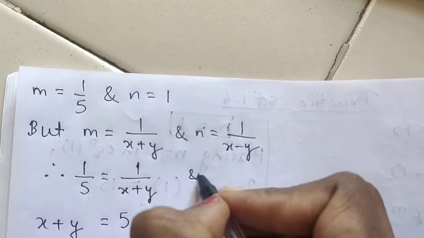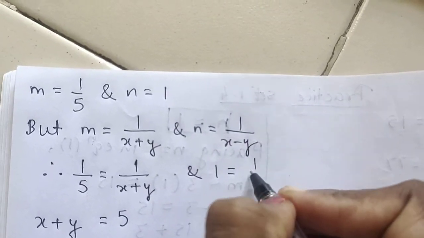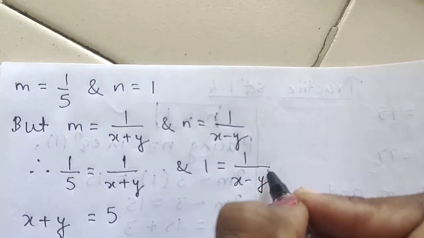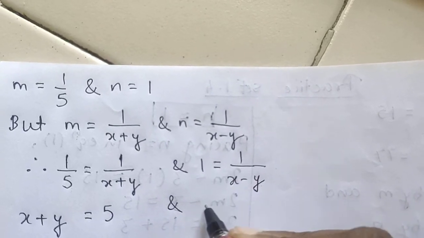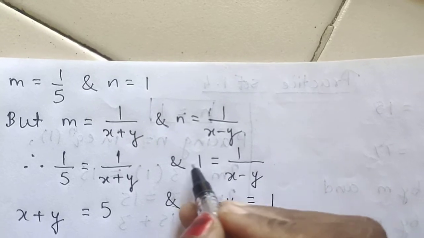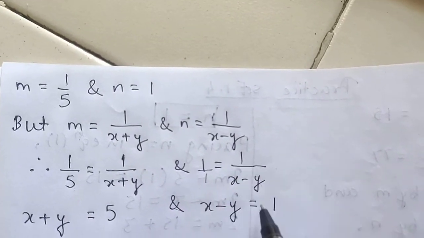Similarly here also we are going to do same thing. What is n? 1. Again do same, cross multiplying. What you are getting? See, 1 into this, so basically you are getting x minus y is equal to 1, because in the denominator if you want you can take 1. So cross of this, 1 1 ja 1.